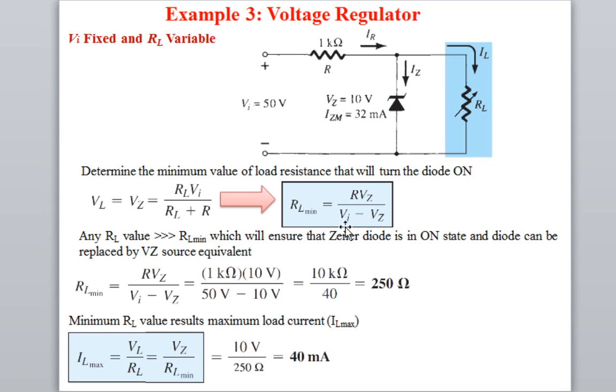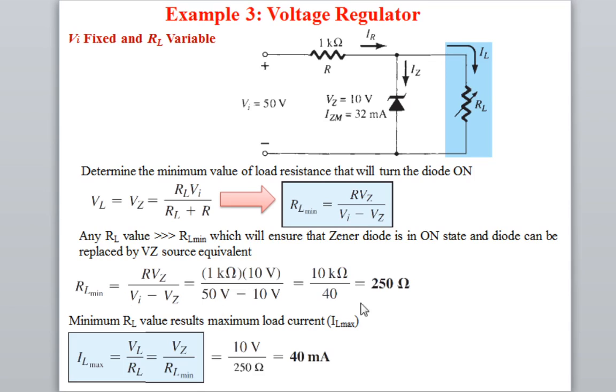That is the meaning of RL minimum. If this resistance is minimum, then obviously with less resistance, maximum current will flow. So minimum resistance will give a maximum load current. So the corresponding maximum load current can be found. We know the voltage here is VZ, because VL is equal to VZ since this is in conducting state. So IL maximum is equal to VL divided by RL, that is VZ upon RL minimum.